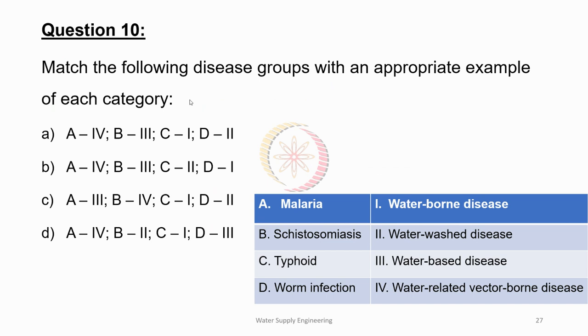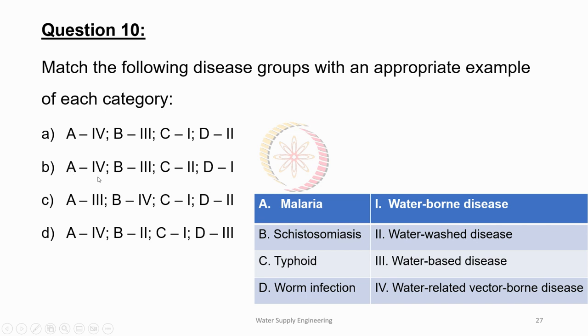Question number 10. Match the following disease groups with an appropriate example of each category. In column 1, we have different diseases: malaria, schistosomiasis, typhoid, worm infection. And in column 2, we have different disease groups: waterborne disease, water washed disease, water based disease, water related vector borne disease. Option A: A4, B3, C1, D2.